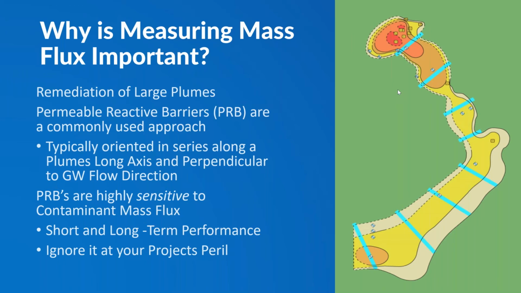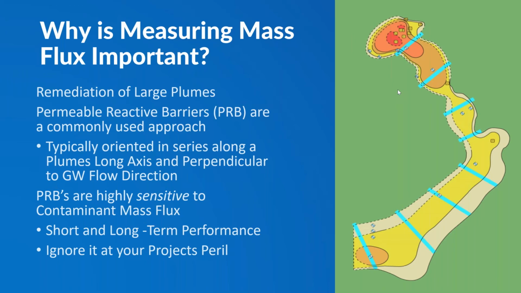It's cost-effective, and highly effective, remedially speaking, when they're designed right. So it's a commonly used approach, and you typically orient them perpendicular to flow and the long axis of the plume. You can see I've oriented my barriers in the turquoise lines. So there's about eight PRBs there.